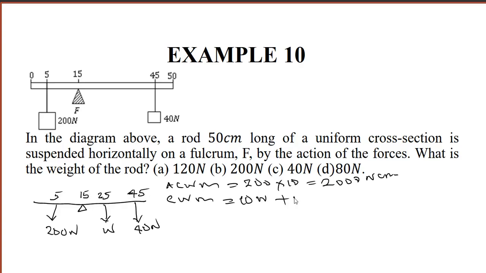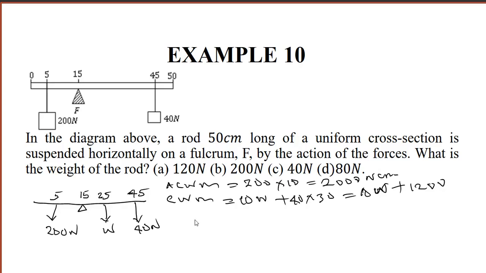So that will be 40 times 30. Now 40 times 30, that's 1200. So we are going to have 10W plus 1200.